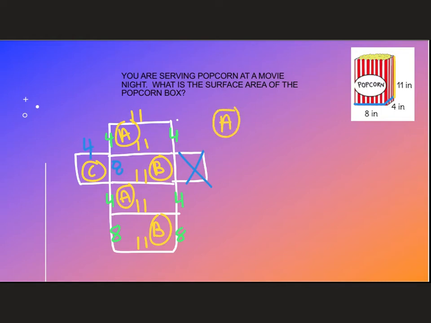We're going to find our area. Shape A was a rectangle, and that was our 4x11s. 4 times 11 is 44. And I have two shape A's, so 44 times 2 will give me a total surface area for just my shape A's of 88 inches squared.